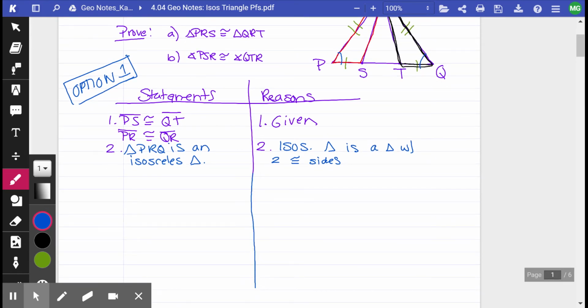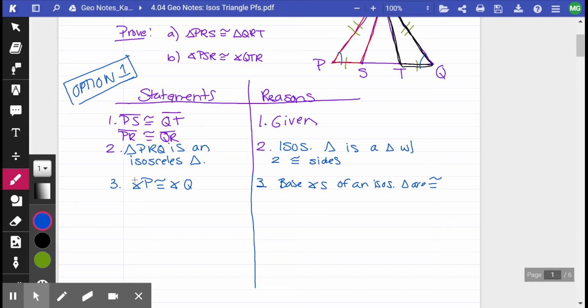Once you know it's an isosceles triangle, then I can use one letter to name angle P and Q because there's no other angles at those vertices. And I can say now that base angles of an isosceles triangle are congruent.